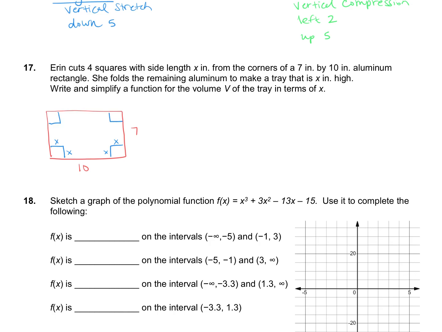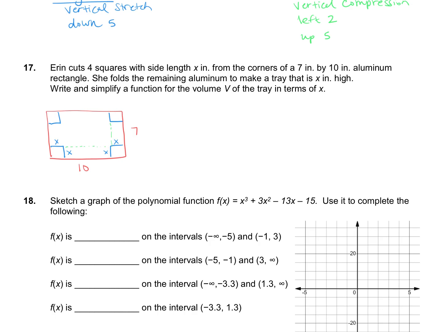All right, to find volume, we need length times width times height. Here's our length, here's our width, and our height happens if we can imagine these fold lines where if we take away this corner, then this piece right here is going to fold up. We'll take away this corner.